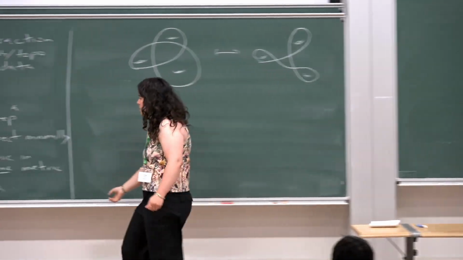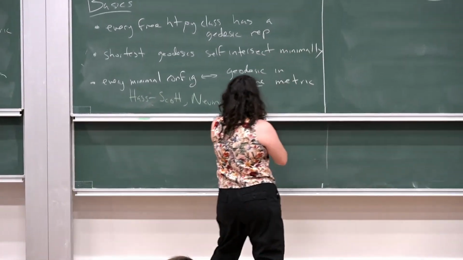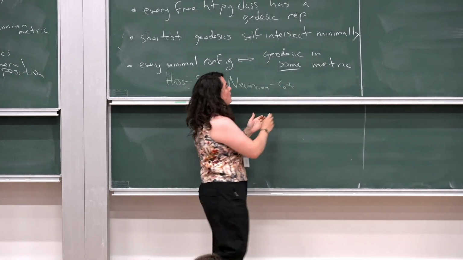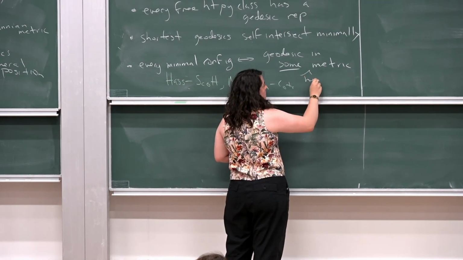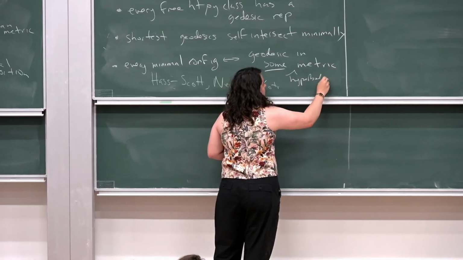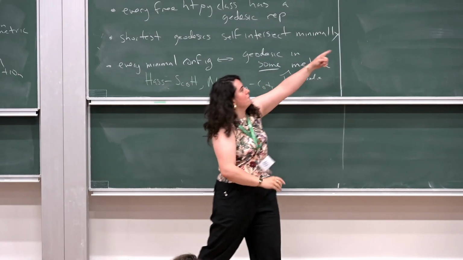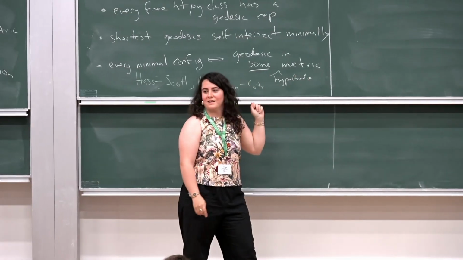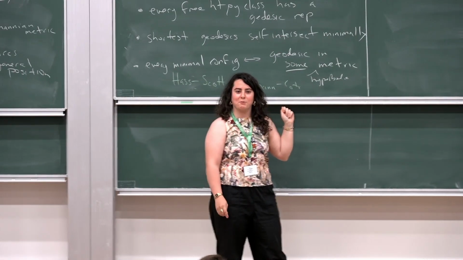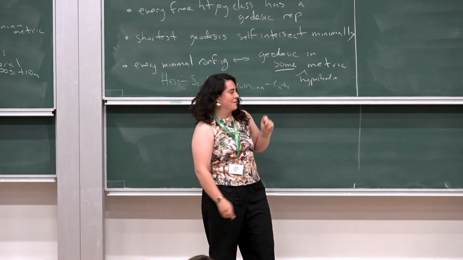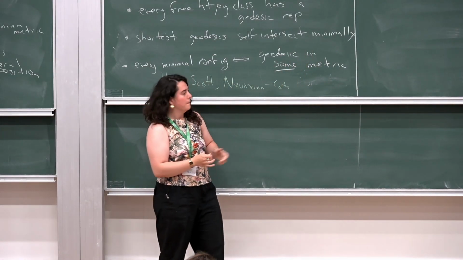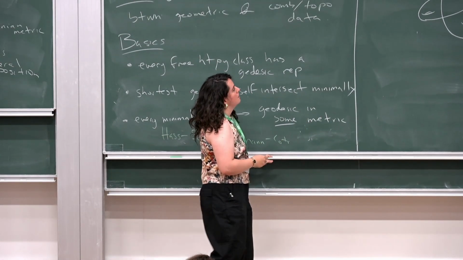Here, it's important to highlight that this is an arbitrary Riemannian metric. If I want to say hyperbolic here, this is no longer true. One of these two curves cannot be a geodesic in a hyperbolic metric. And that is very easy to prove and very nice. So if you want to know about it, I can tell you in the end. But yeah, so this is for arbitrary Riemannian metrics, okay?